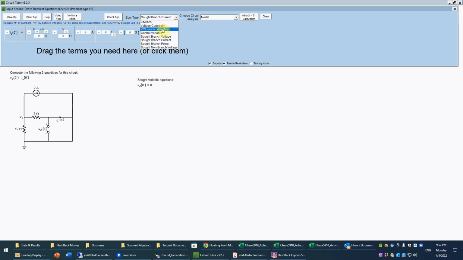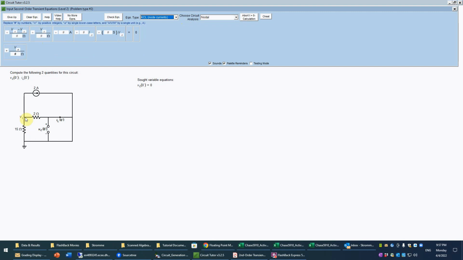So let's do a KCL equation then. Let's do it for node 1, which is our only non-reference node, so that won't be very hard. We have the current through the 15 ohm resistor, so that'll just be V1 over 15, and then through the 2 ohm it's the same thing, and then the 2 amp source, and that's going to sum up to 0.